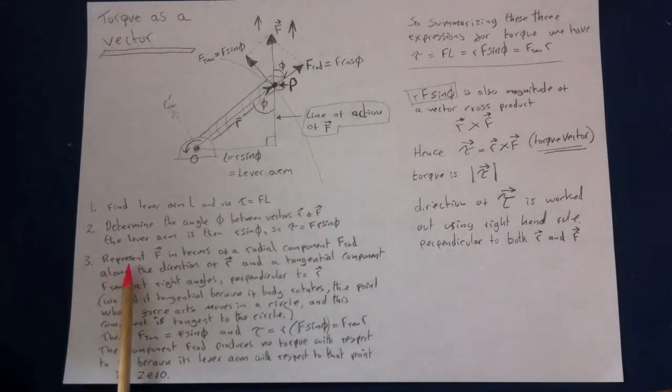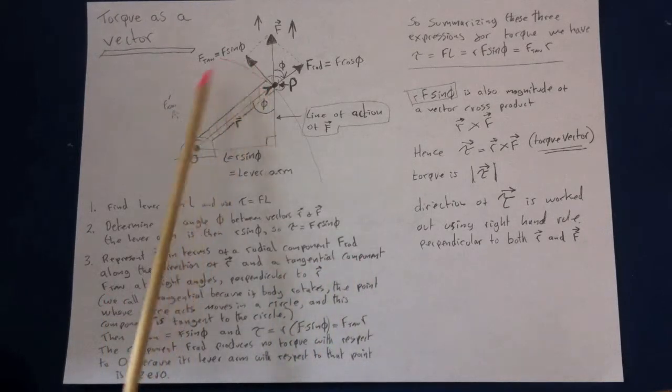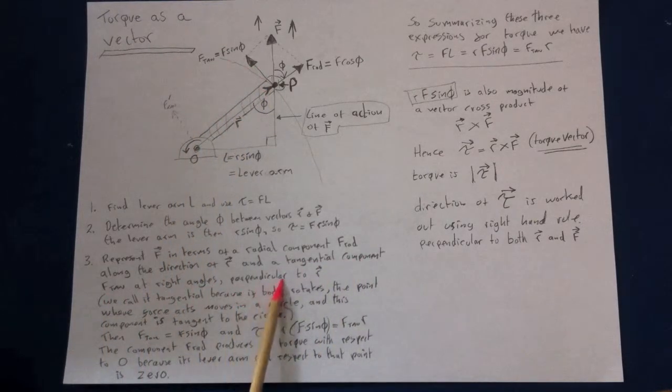Three, represent the force F in terms of a radial component. So this is the third way of doing it. Represent F in terms of a radial component F rad, which is this component here, along the direction of r, and a tangential component F tan, which is this component here, at right angles, perpendicular to r.